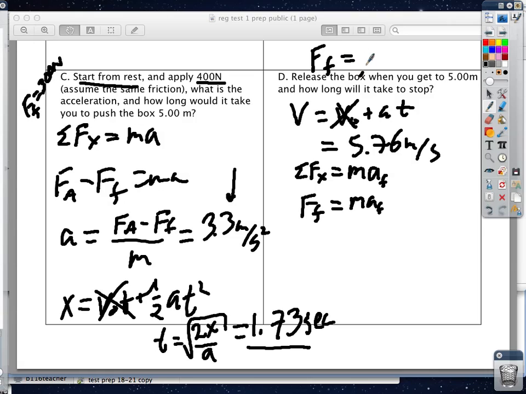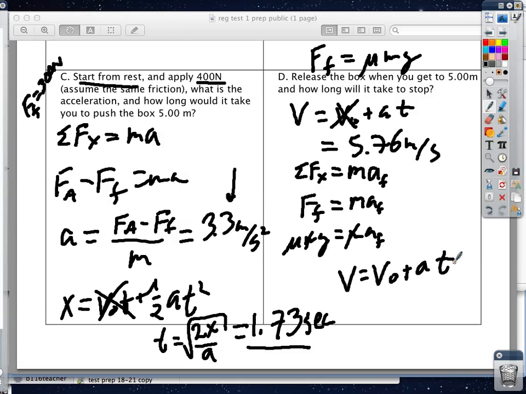We said F sub F was equal to mu mg, right? Okay, so then this is mu mg equals m a sub F. That goes away, and we get a sub F is mu g. So now I can figure it out. How long will it take to stop? We can do the same thing, but backwards. So if I use V equals V0 plus AT, what is V going to be?